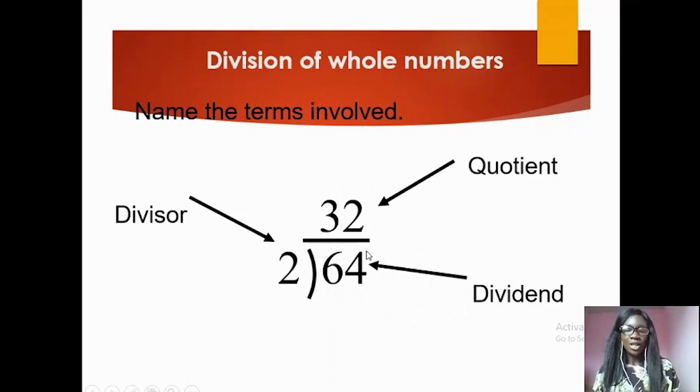You get that? So that is when you are asked to find the quotient of 64 by 2. Quotient is just the answer that you will get when you are done dividing your numbers.